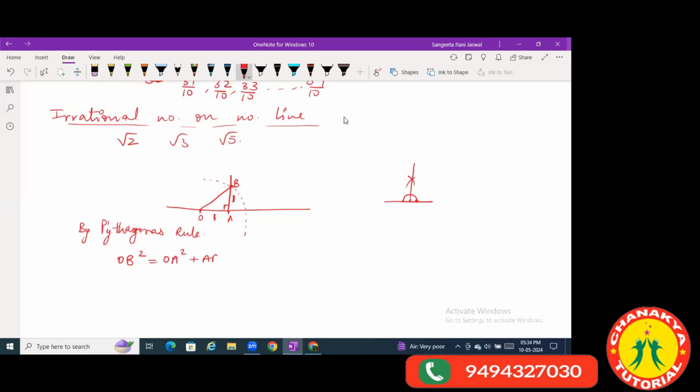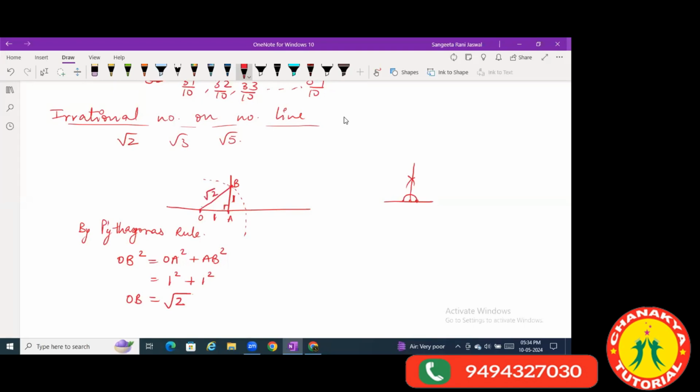Is it like this? So OA was taken as 1 unit, AB was taken as 1 unit. So 1 plus 1 was 2. So OB square is 2. To remove this square, I will take the root on the other side. So OB is now root over 2.